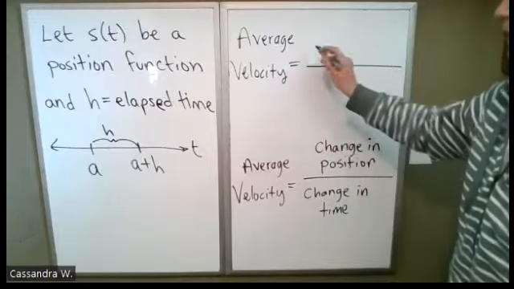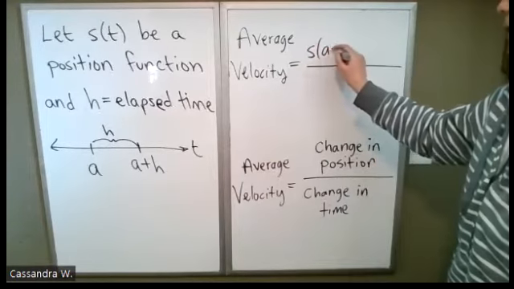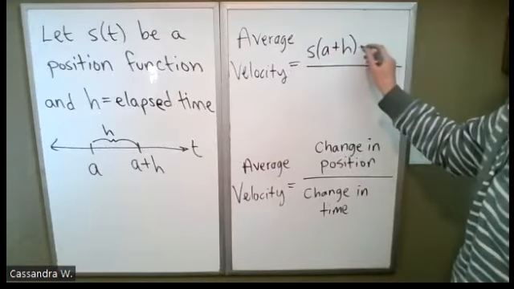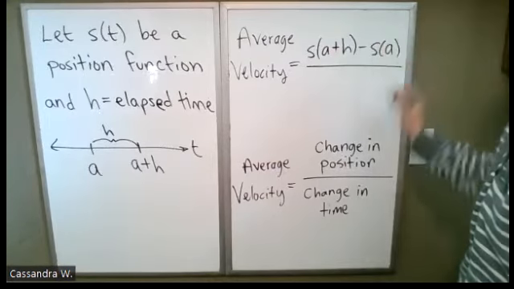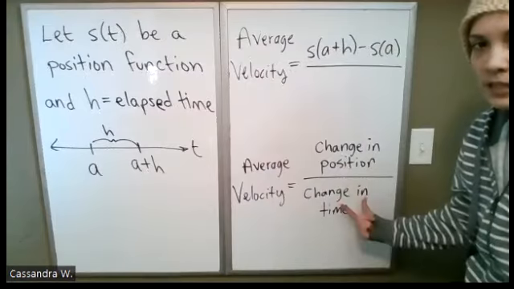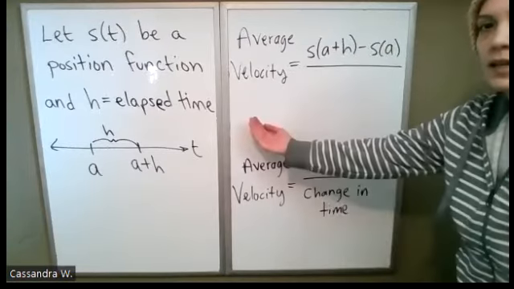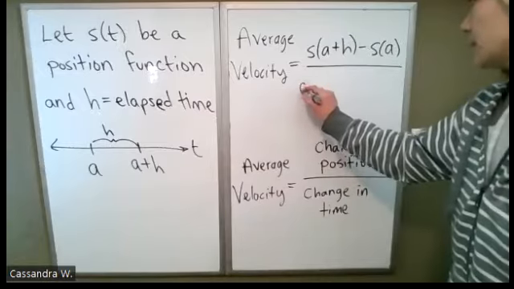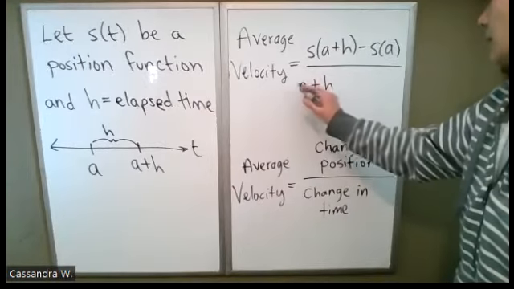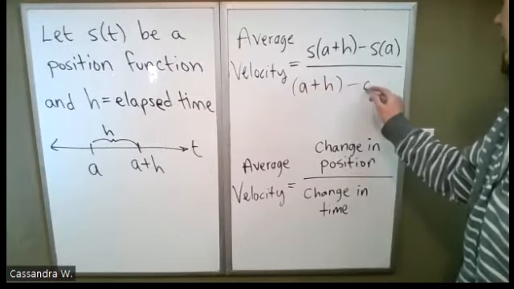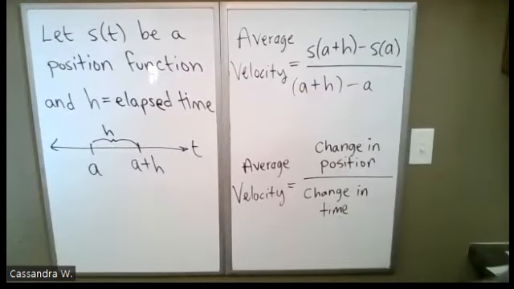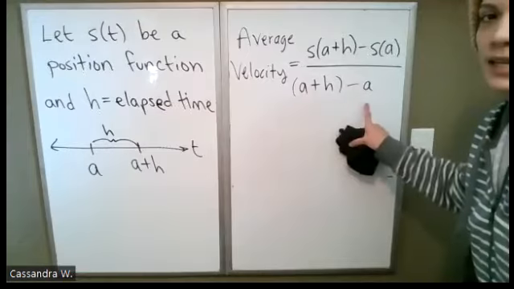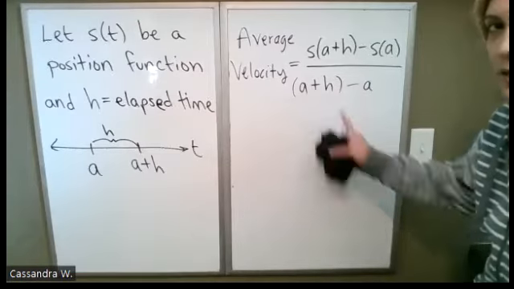So we're going to take s of a plus h, and then subtract s of a. Okay, divide by change in time. So we're going to take a plus h and then subtract a. Okay, with that positive a and that negative a, what's left in the denominator is h.